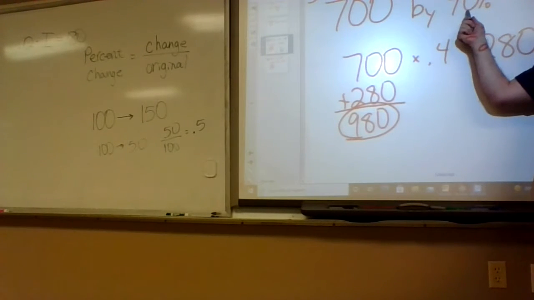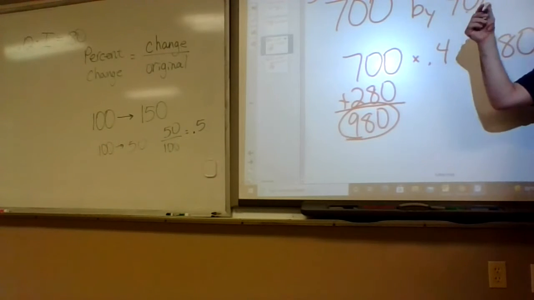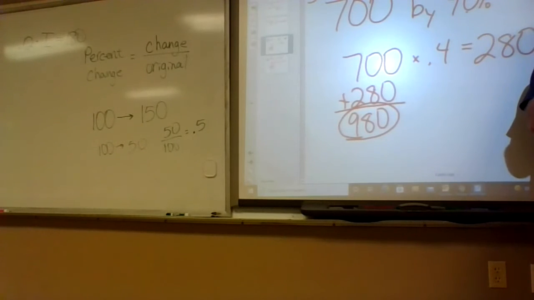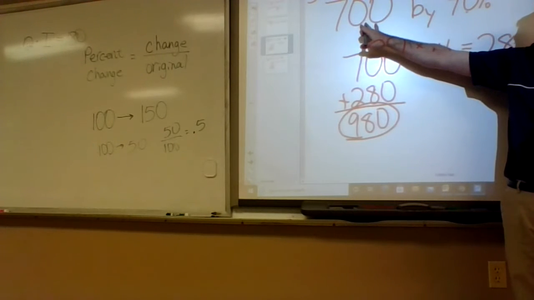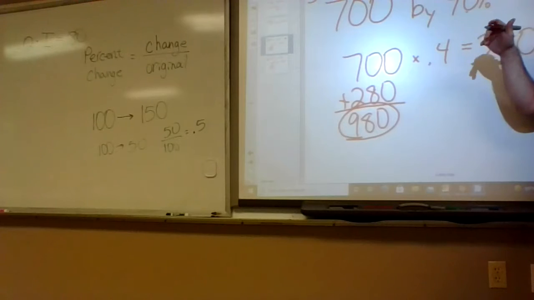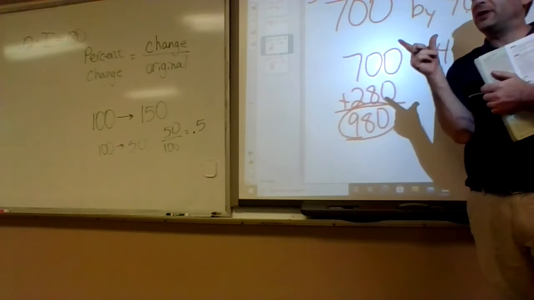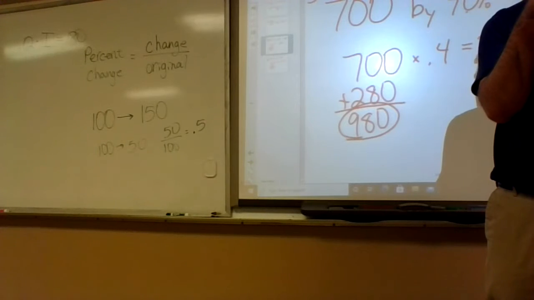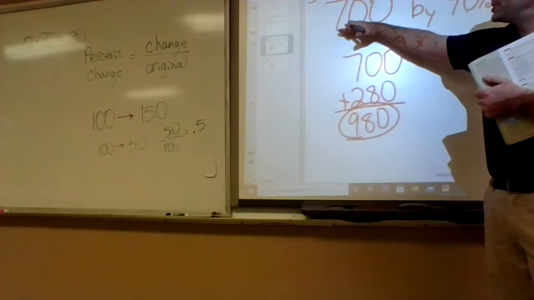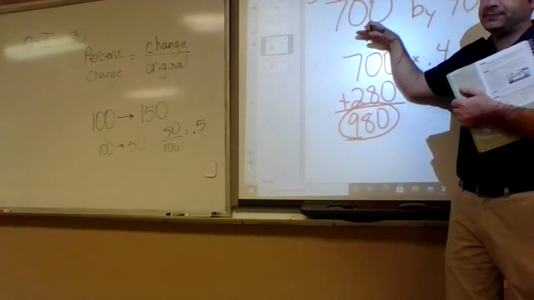If I increase that by 40%, I want 140%. If I want to increase 700 by 40%, then really what I want to do is figure out what 140% of 700 is. Does that make sense? Right now, this is at 100%.